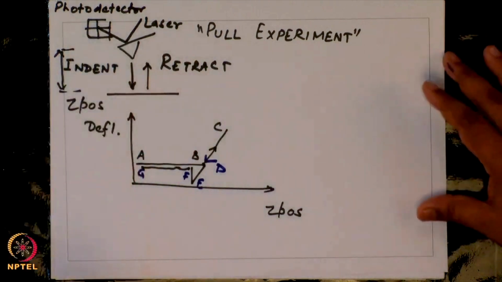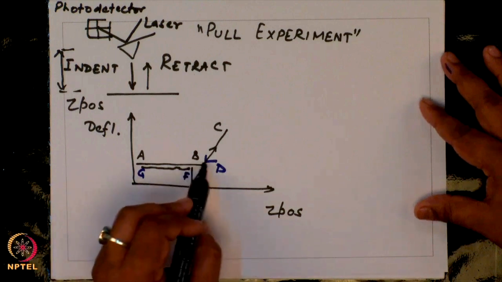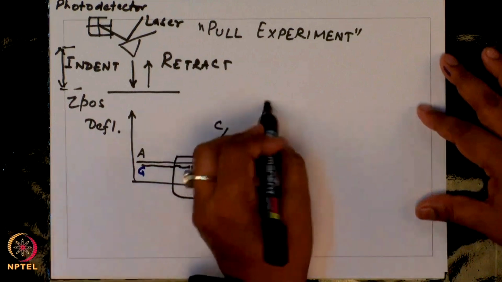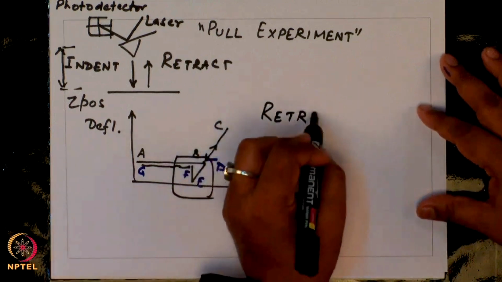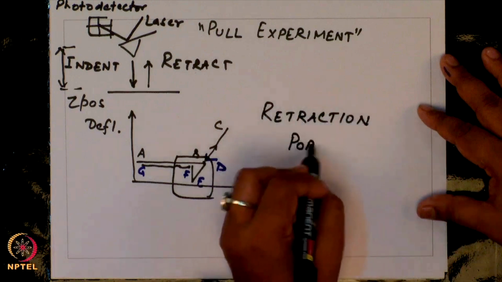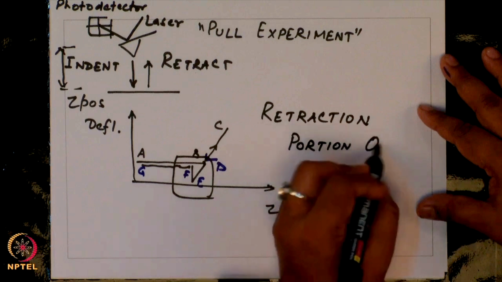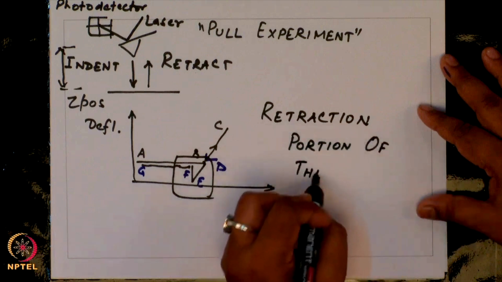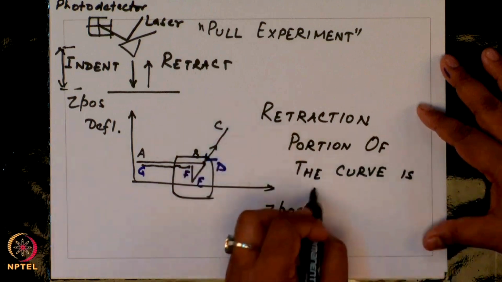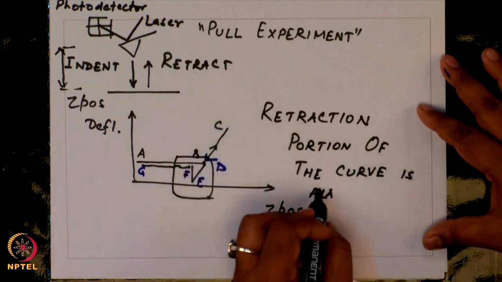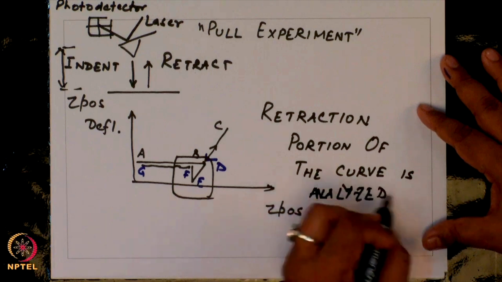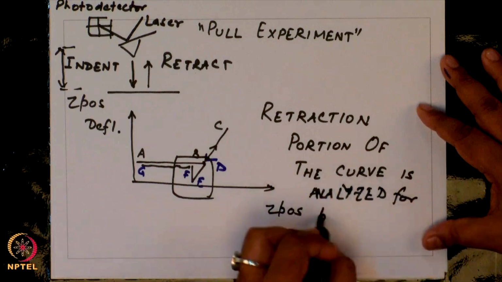For protein unfolding studies, we are actually interested in the retraction portion of the curve. The retraction portion of the curve is analyzed for protein unfolding studies.